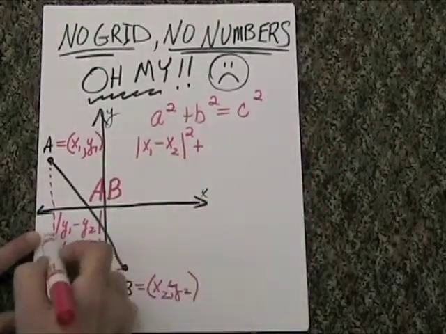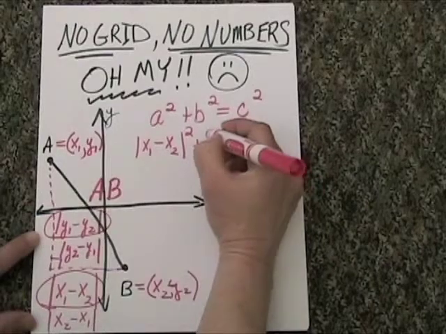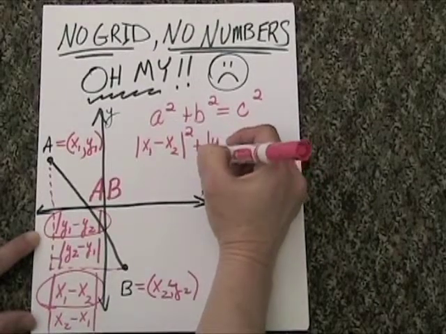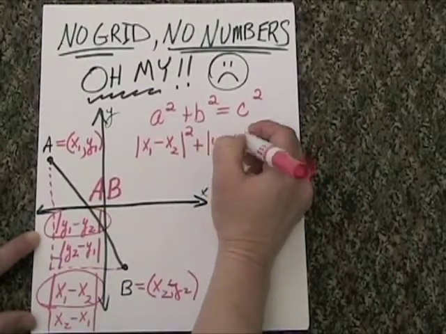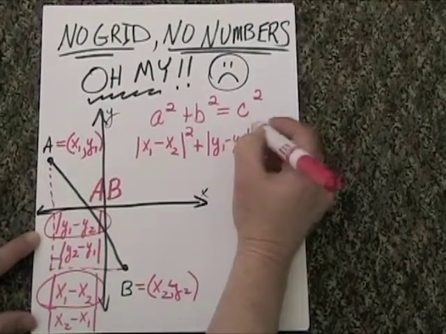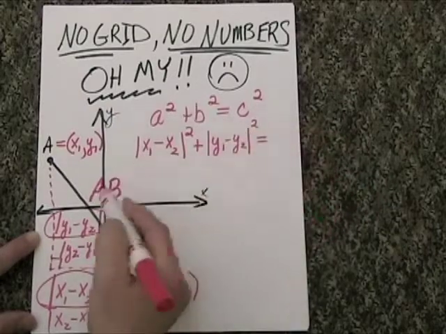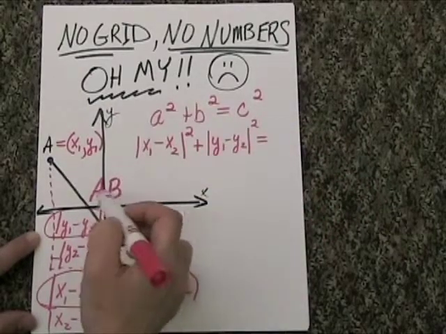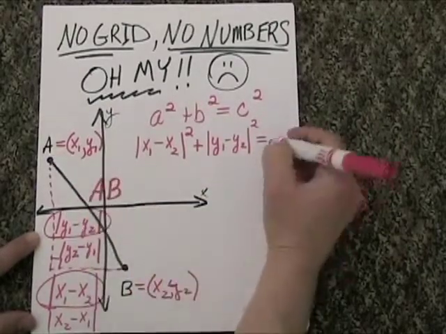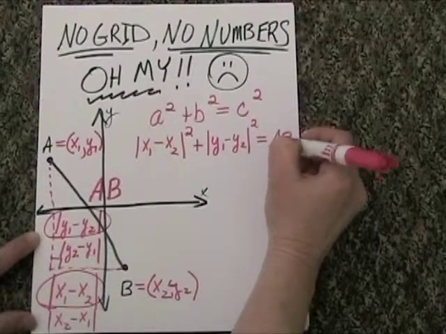The b is right here. So the absolute value of y sub 1 minus y sub 2, if I square that, that's equivalent to b squared. And c is represented by our distance between A and B. So I'm going to write it like that.